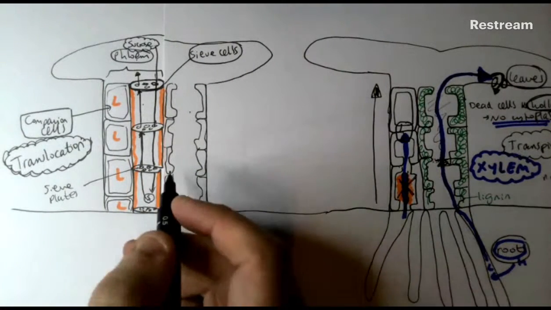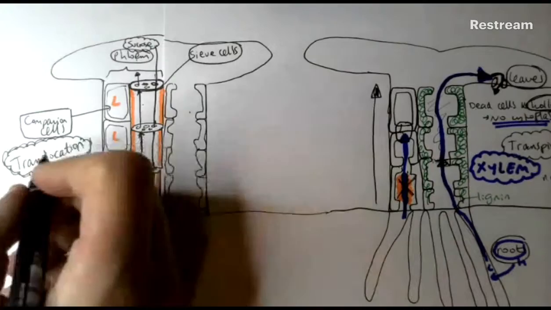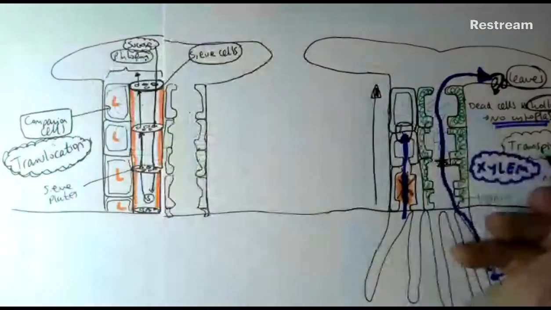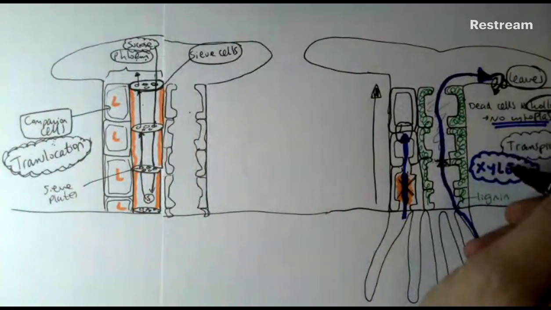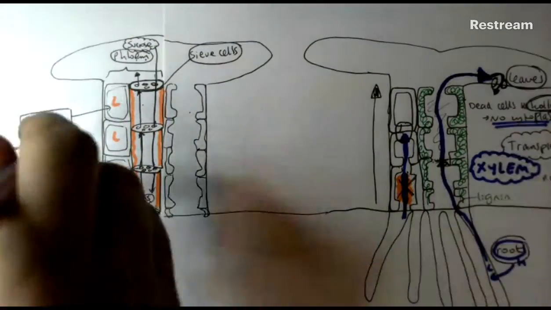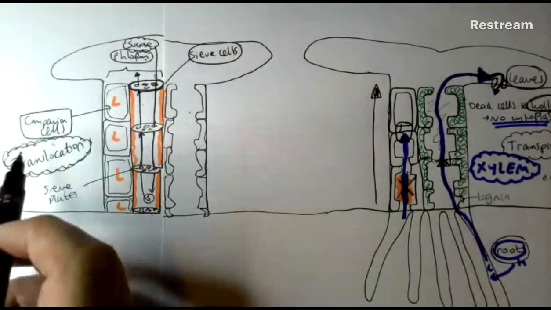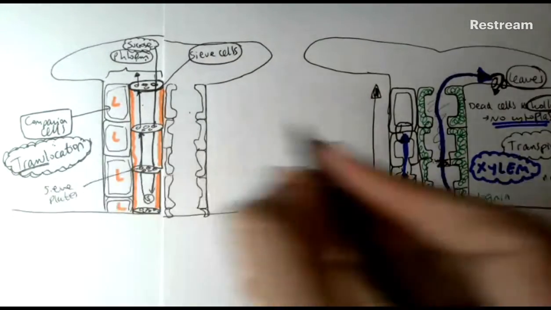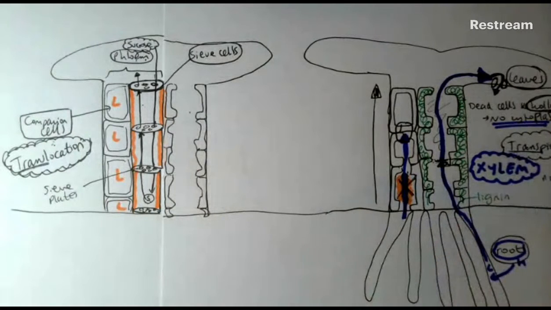It is so important that when you talk about this, you talk about translocation happening in the phloem and transpiration happening in the xylem. This is one of the biggest things that kids do, is just write translocation, then move on without thinking. They both begin with the same 5 letters.